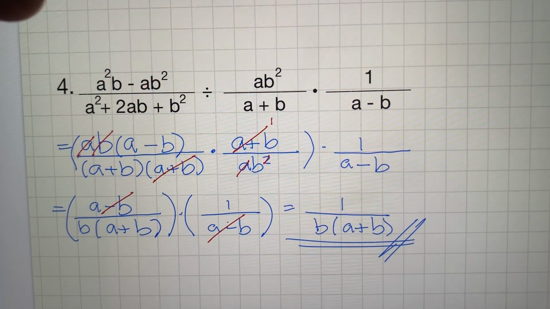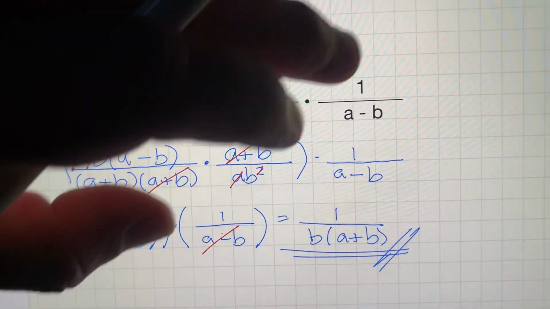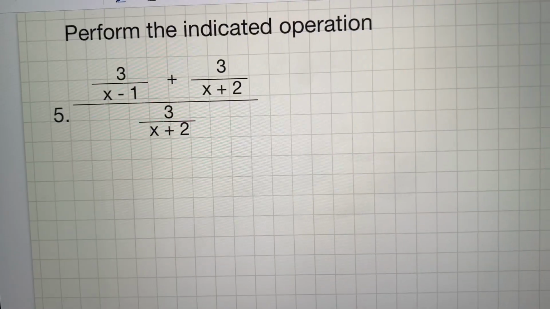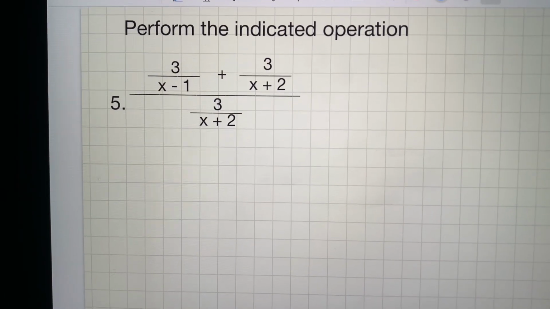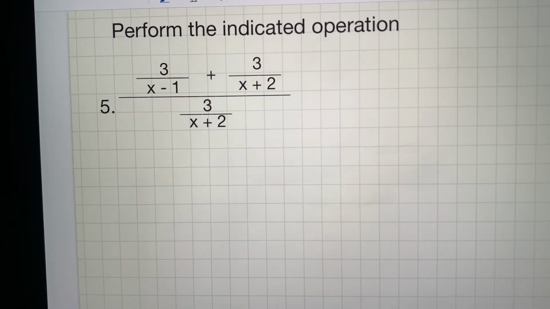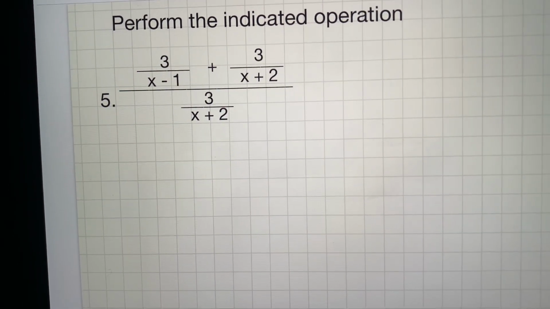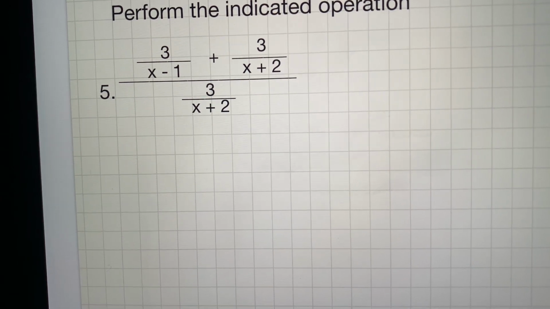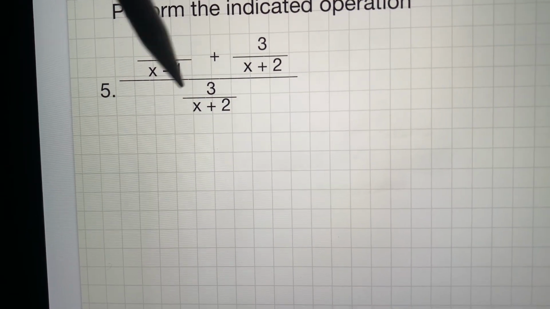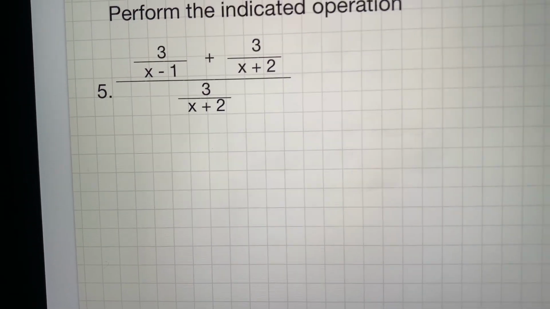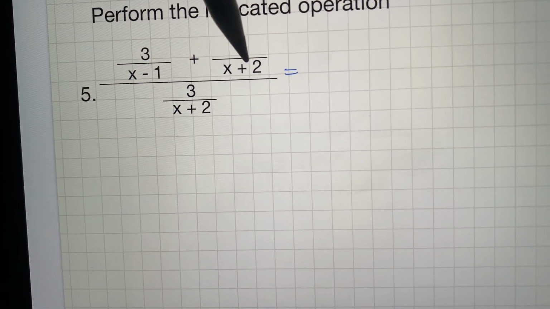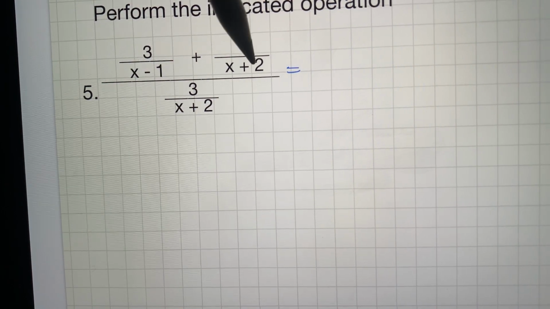I do have one more exercise that I want us to look at, and since it's part of this, I'll just switch pages. And this one, again, I wanted us to do it because it's a little bit more complex than everything that I've shown you. Now we have fractions on top with a fraction at the bottom. So the first thing that we must do is we need to find common denominators.